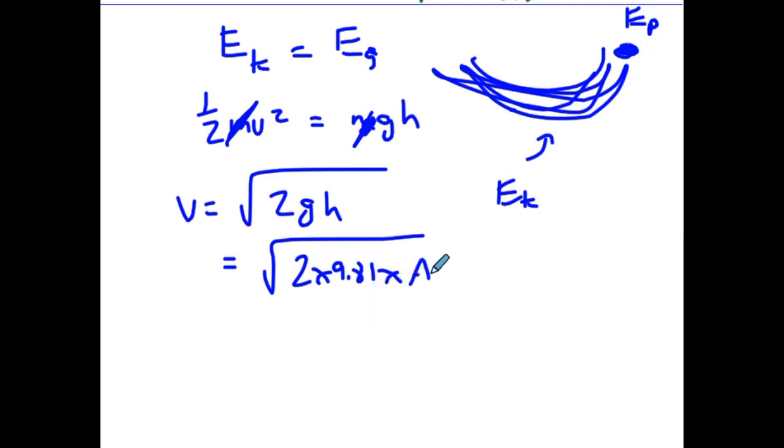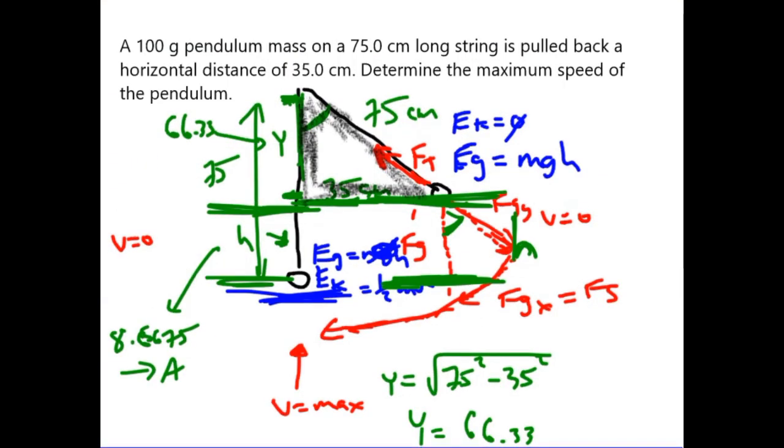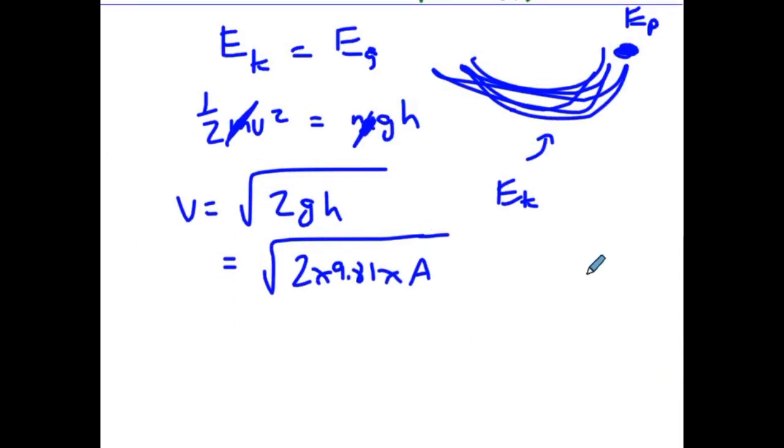So I stored that as letter A, but as I even say it out right now, I recognize that was in centimeters and it needs to be in meters. So although this is 8.66 centimeters, I'm just going to have to take that and divide by 100. So I can do that right in the equation here. So 2 times 9.81 times the letter A, which I've stored, but I still have to divide by 100.